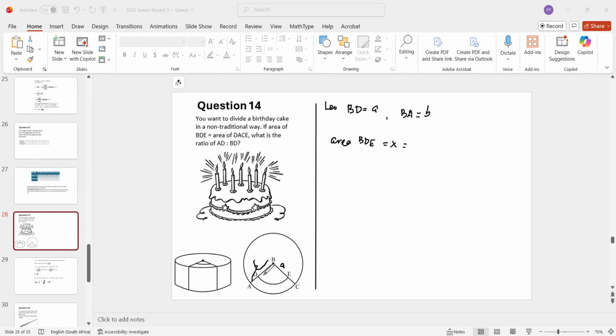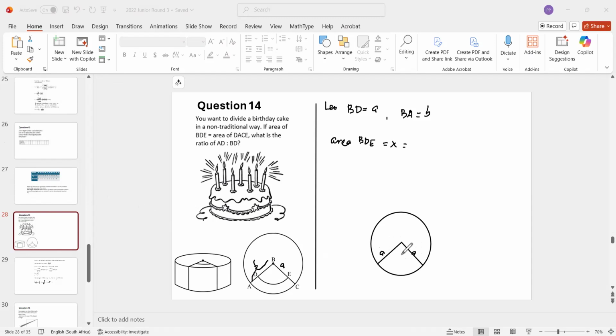Now, the area of BDE is a piece of a circle. And what you've got here is, go up to the center, and you've got the radius A.